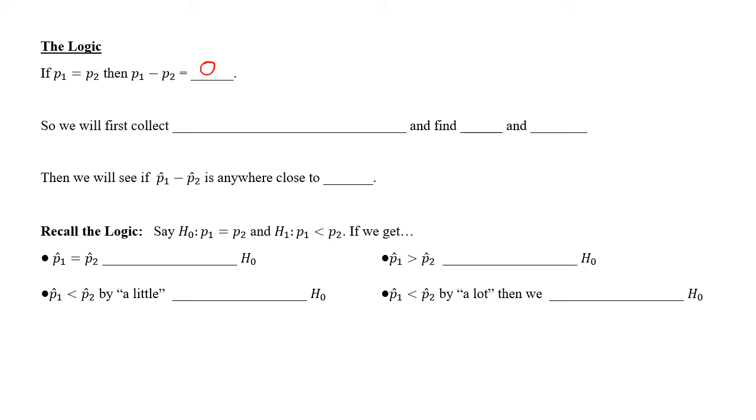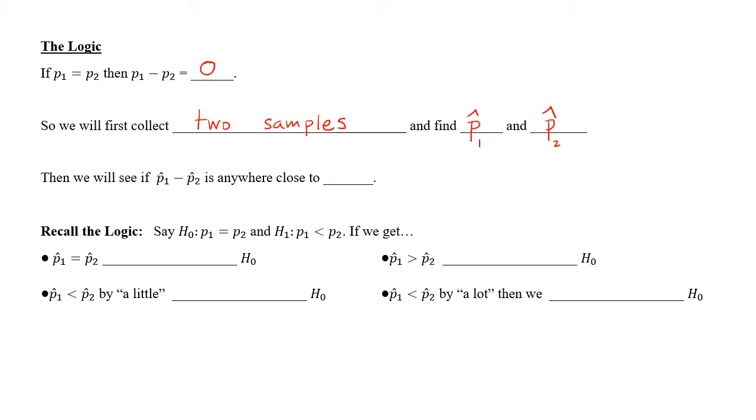So we'll first collect two samples, one from each population, and find two sample proportions. So we have two groups. We're collecting one sample from each group and finding their point estimates in each case.